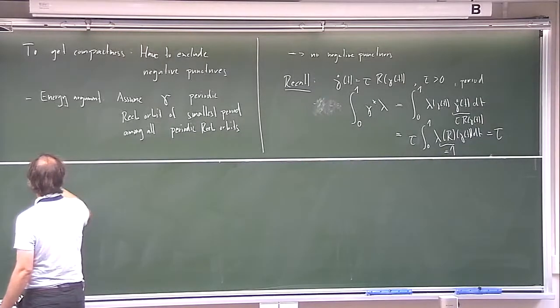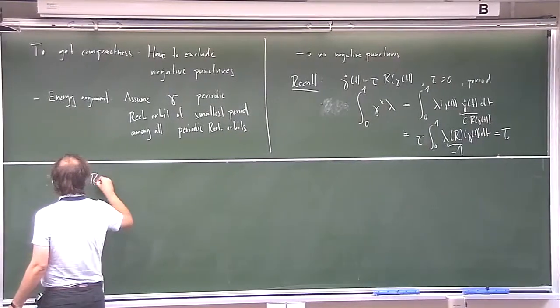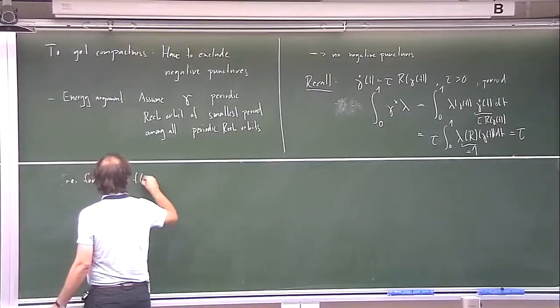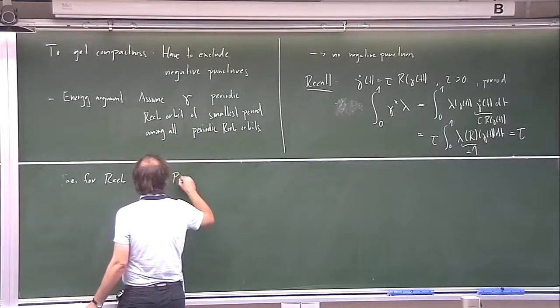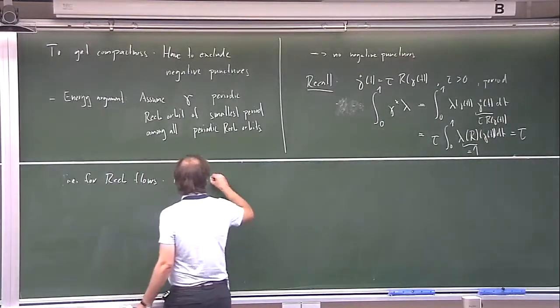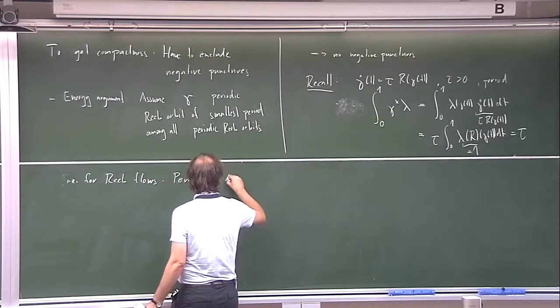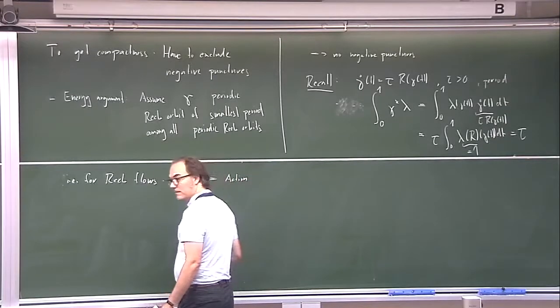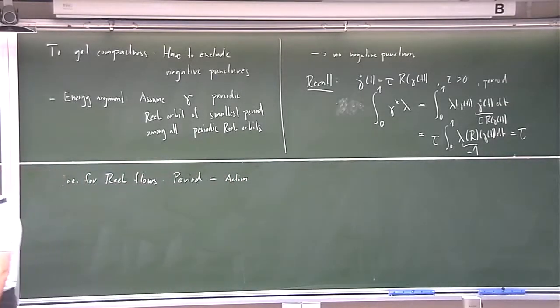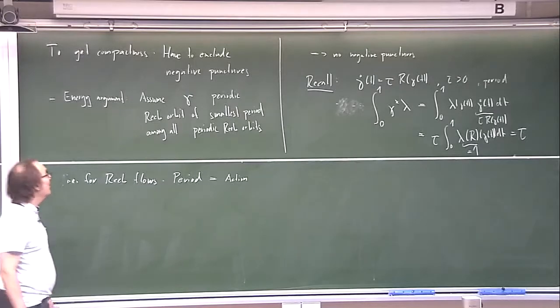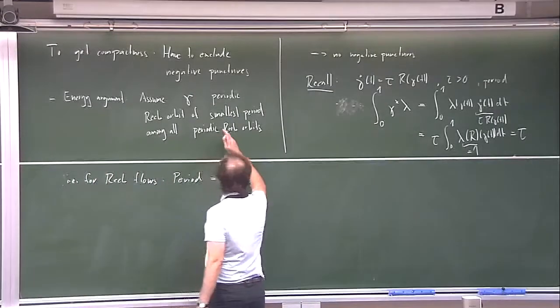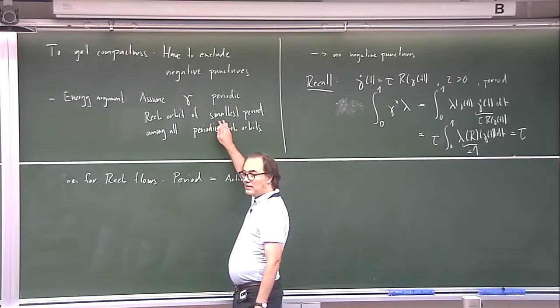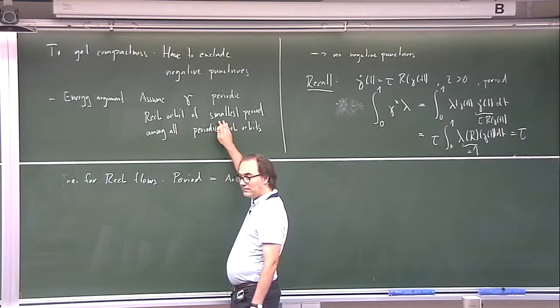So also for reflows, period is action. And just a remark, the orbit of smallest period, this is also called systole.